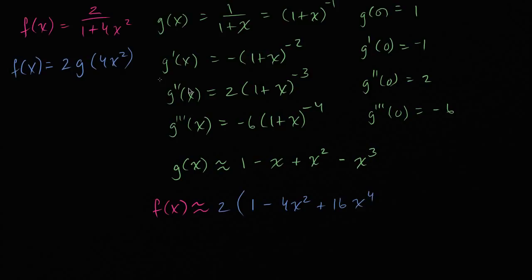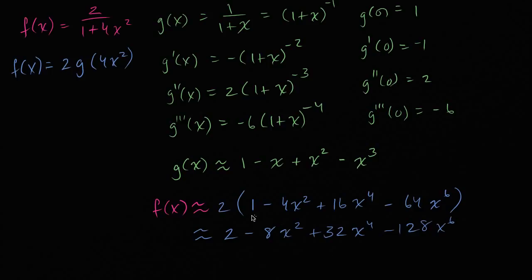But now an x is 4x squared. So it's minus 4x squared to the 3rd power. Well, that's going to be 64x to the 6th. So let me write that. Minus 64x to the 6th power. And then we could say that f of x is approximately equal to, distributing the 2, 2 minus 8x squared plus 32x to the 4th minus 128x to the 6th.